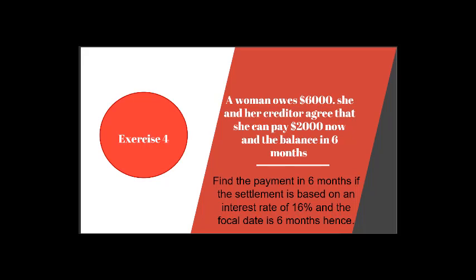Exercise number 4. A woman owes $6,000. She and her creditor agree that she can pay $2,000 now and the balance in 6 months. Find the payment in 6 months if the settlement is based on an interest rate of 16% and the focal date is 6 months hence.